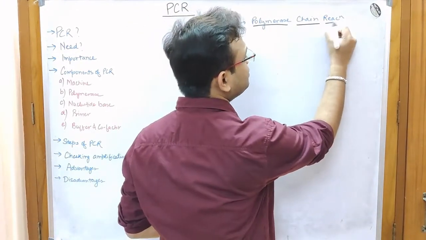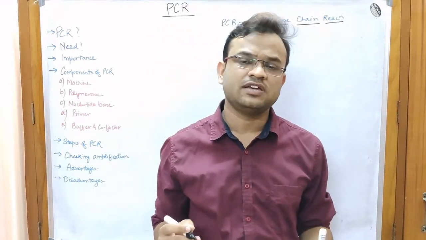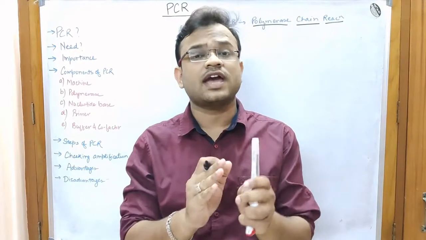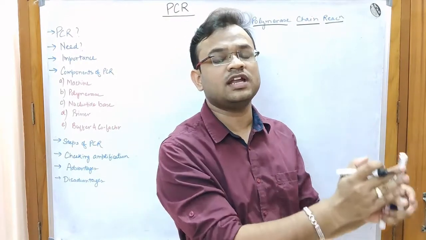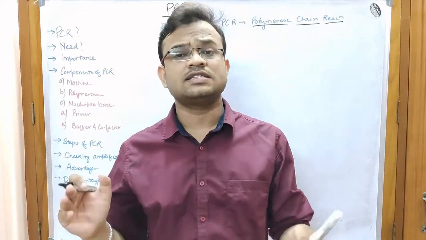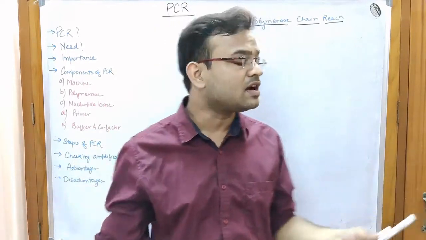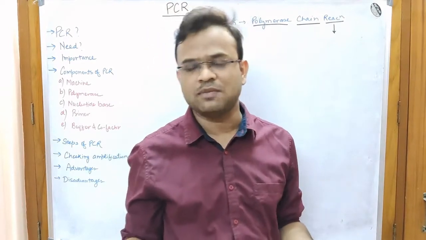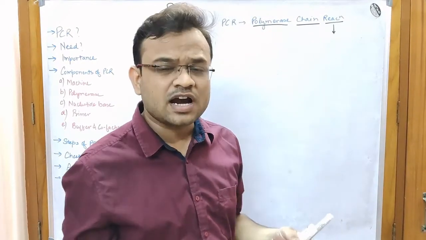And here reaction. This polymerase chain reaction that is being carried out is not carried out in a particular body, in a particular organism. It is carried out in a tube. It can be an Eppendorf tube, it can be a PCR tube.